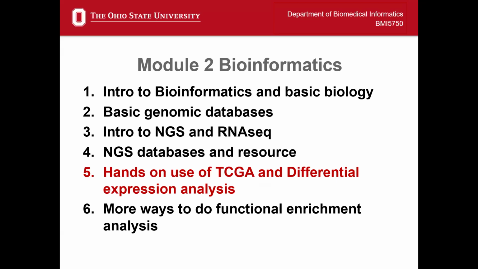Then in our fourth lecture, we learned about NGS databases. We learned about the Gene Expression Omnibus, where you can search for publicly available expression or ChIP-seq data sets that are similar to what you want to show with your hypothesis.